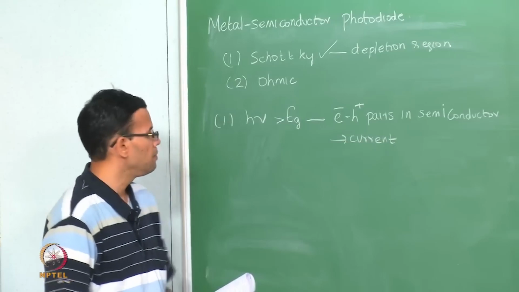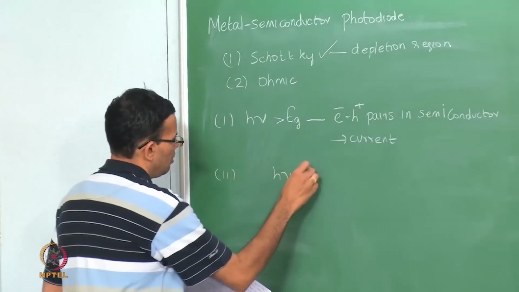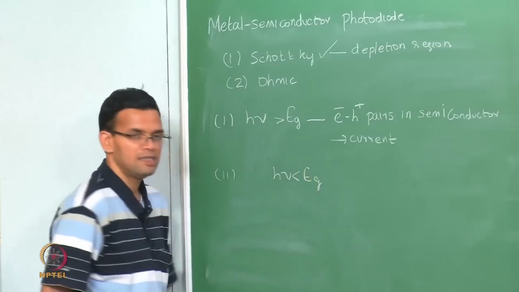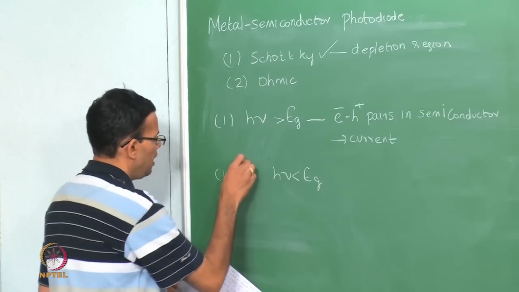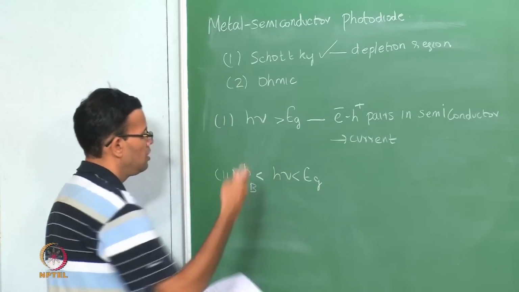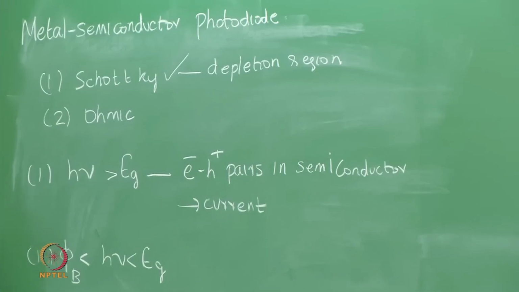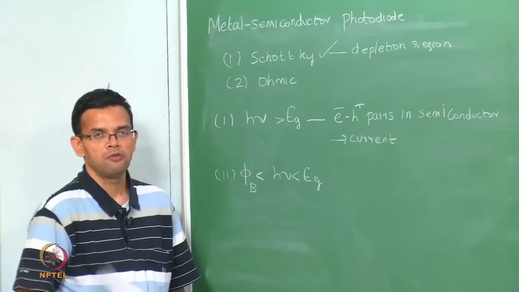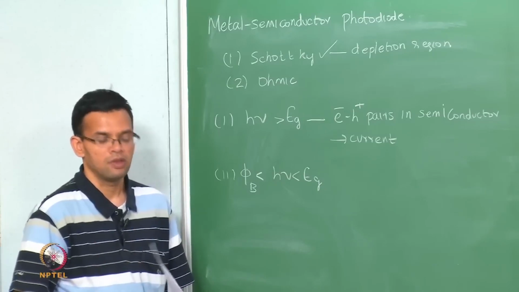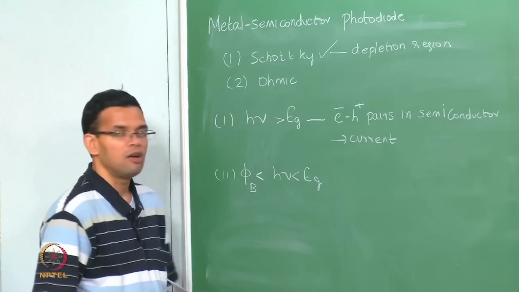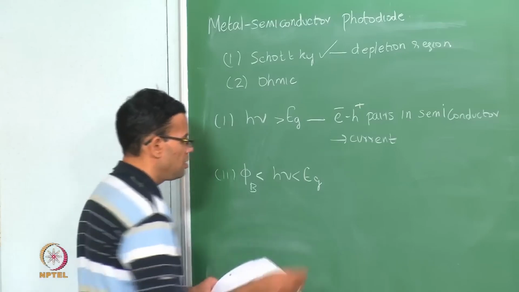On the other hand, if you have light of energy less than the band gap, but more than the barrier height, in this case it is your Schottky barrier, so the energy is more than the barrier height, you can excite an electron from the metal and take it above the Schottky barrier. In this case, it is called internal photo emission, and this electron can contribute to the current.